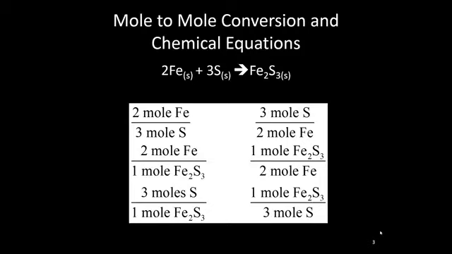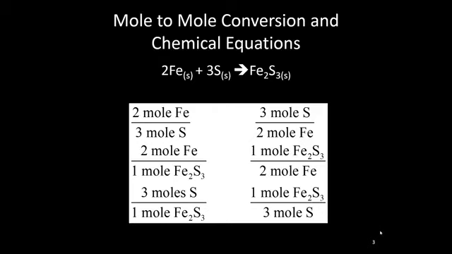We can convert from moles of one substance to moles of another, provided we have the balanced equation. An example on your screen is iron solid reacting with solid sulfur to produce iron 3 sulfide.